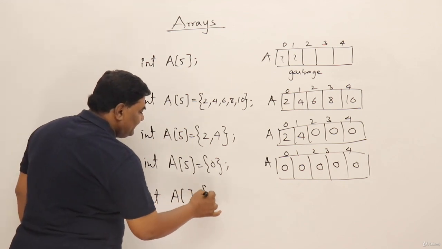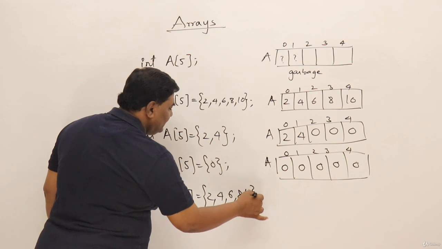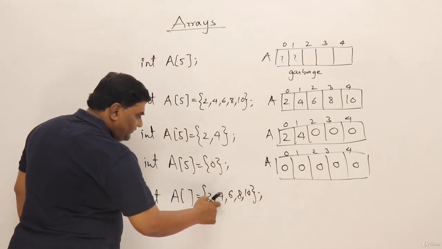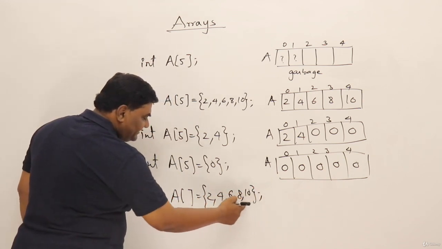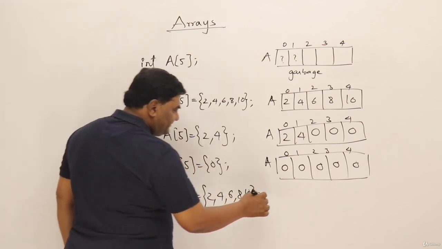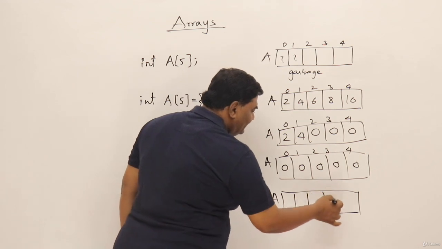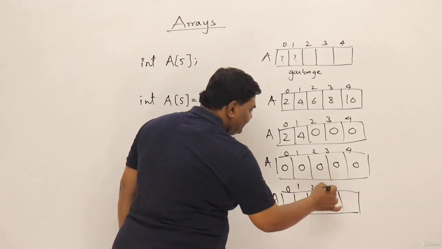Just you can mention the values 2, 4, 6, 8 and 10. Then depending on the number of elements you have mentioned in the initialization list, the array size will be the same as that one. So an array of this size 5 will be created and it will be initialized with all these elements.